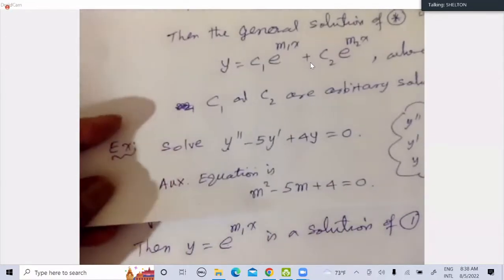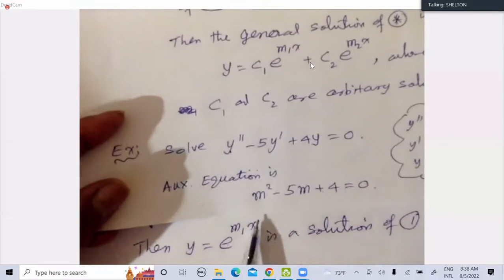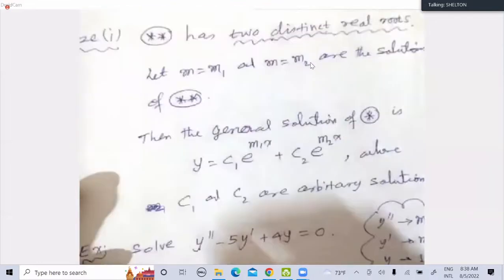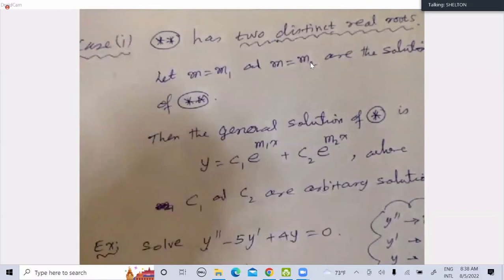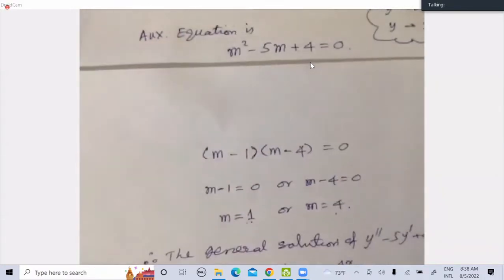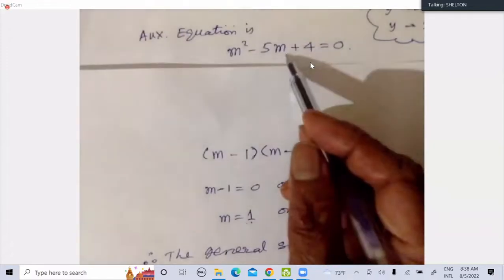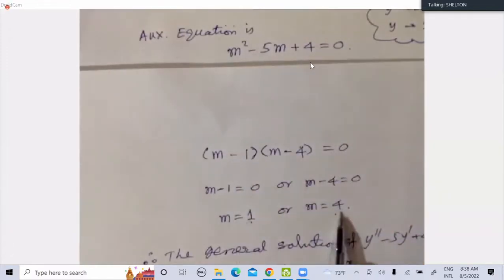After that, we can write down the general solution, because this equation factors. The auxiliary equation is this. Now it has two distinct solutions, m equals 1 and m equals 4.